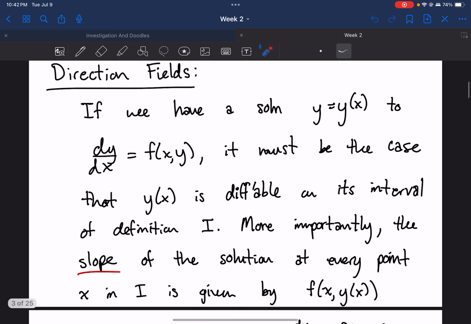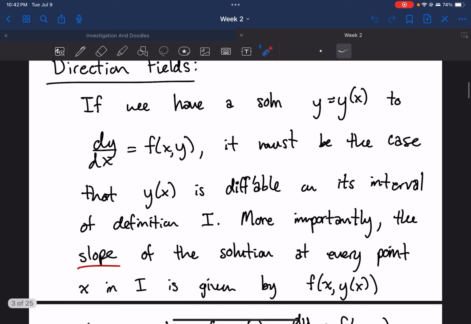And what is the slope of a function y of x? Well, it's the derivative of y with respect to x. That's an expression for the slope of this function. And if we look at our differential equation, on the left-hand side, this is the slope of y, and it's equal to this function f of x and y.